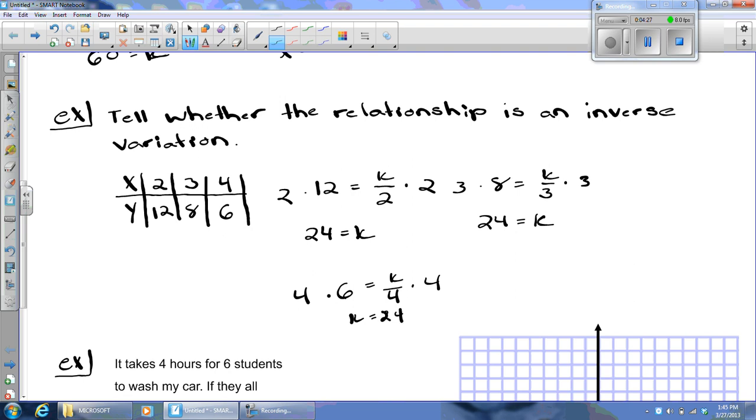So the constant is the same for all three sets of x and y coordinates. So this is an inverse variation. If one of these coordinates did not have its constant as 24, then there is not a relationship.